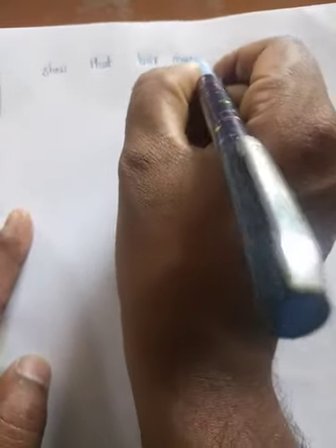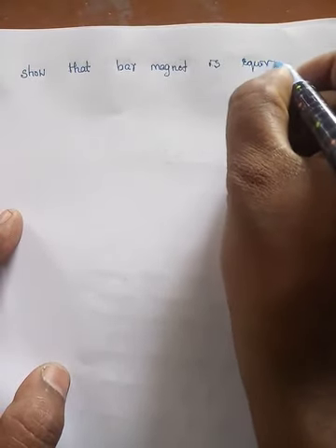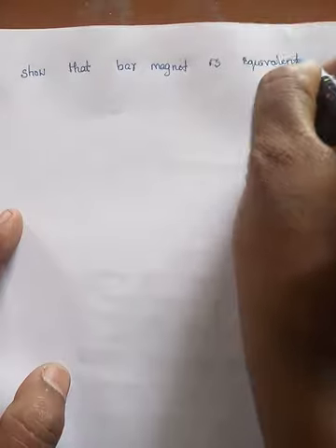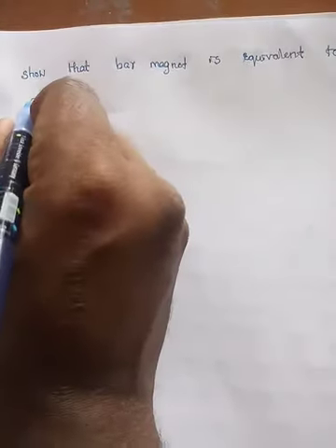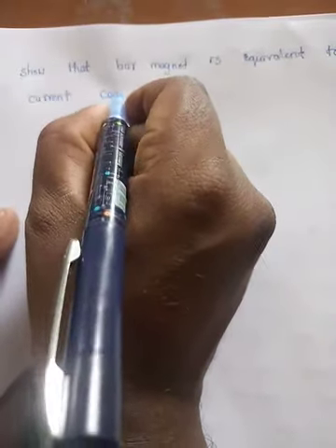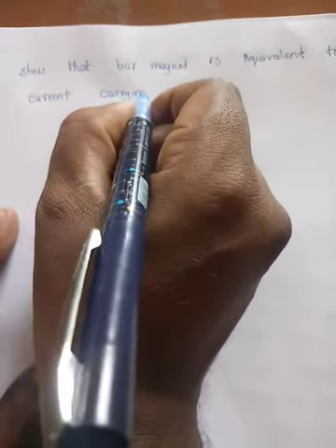Show that a bar magnet is equivalent to a current carrying solenoid.